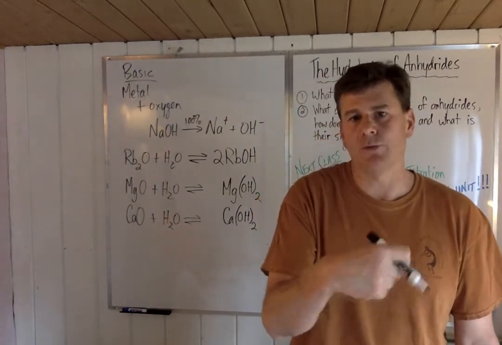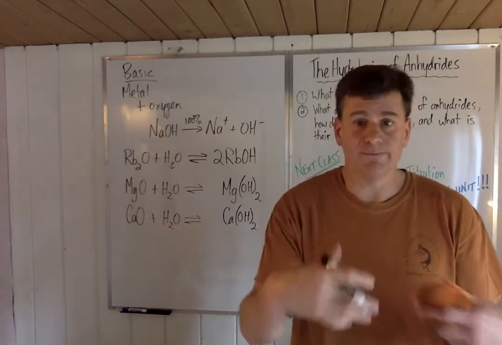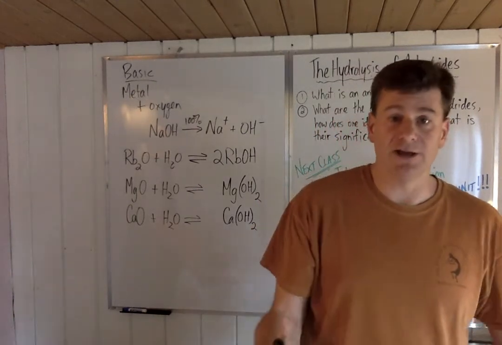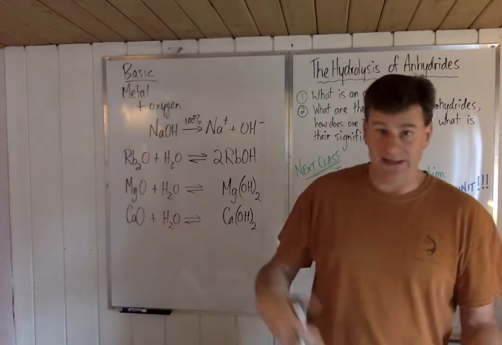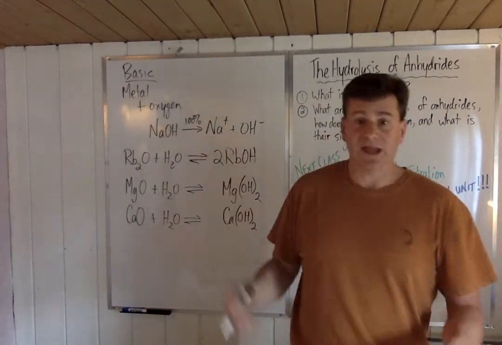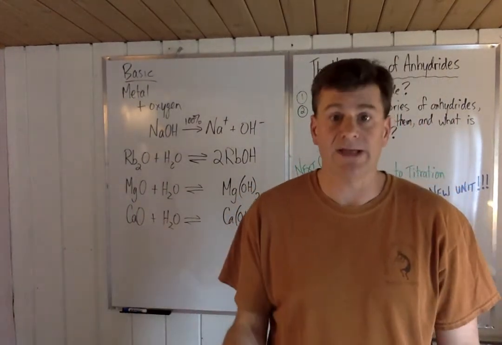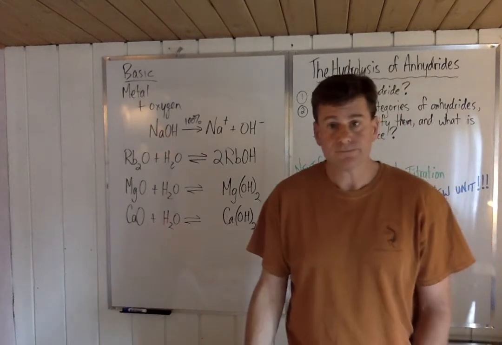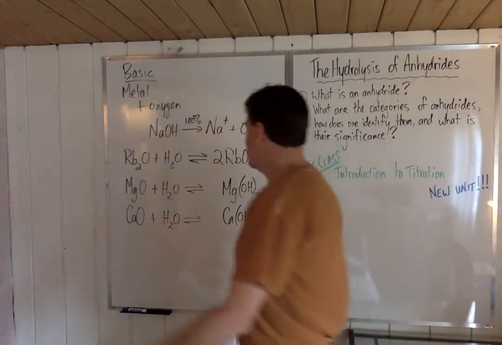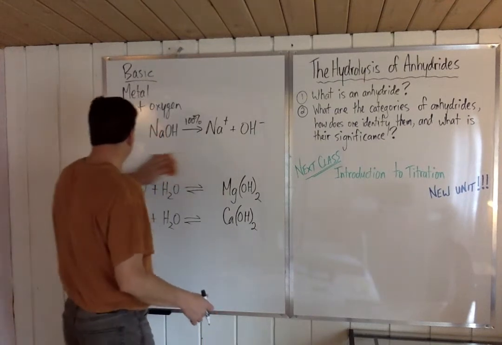You mix it around in the water, and eventually the whole thing will disappear because it will all turn into sodium hydroxide and completely dissociate into these 2 ions. And so sodium oxide will eventually make the solution really basic, as a matter of fact. Okay? Same, the rubidium hydroxide one, same thing, so I'm going to erase it.